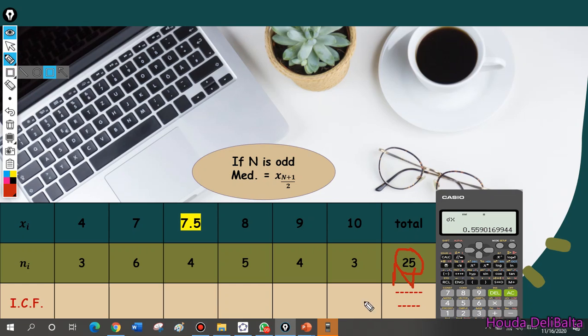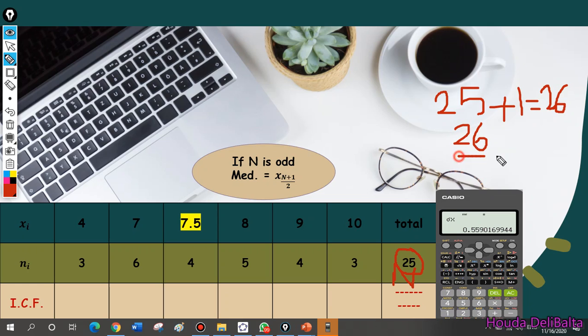The total here is 25, so all we have to do is add 1 to 25. It's going to be 26. Now when we divide 26 by 2, we get 13. Okay, so what does that number have to do with anything? What should we do with that number?